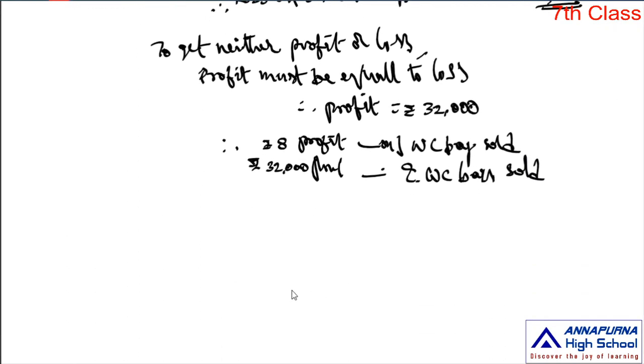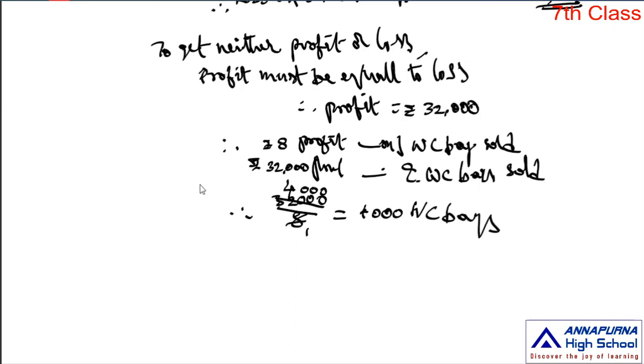We will get more than one. Therefore, 32,000 by 8, which is equal to 8 ones, 8 fours are 32. So, 4,000 white cement bags. Therefore, to get neither profit nor loss, how many bags must he sell? 4,000 white cement bags. So, this is the answer for the 8th problem.